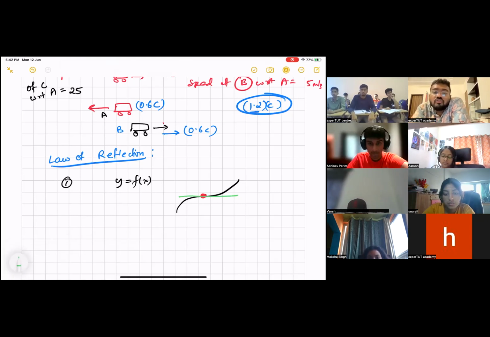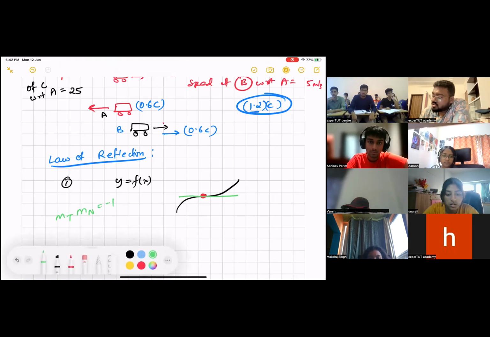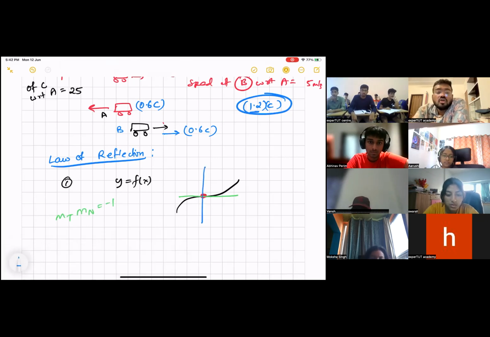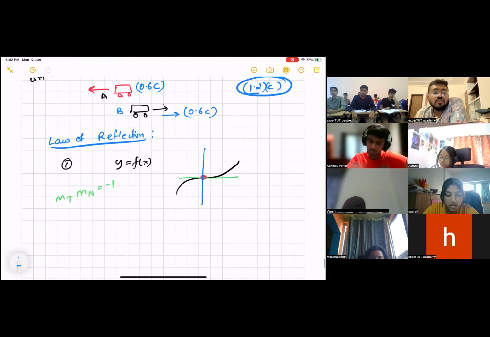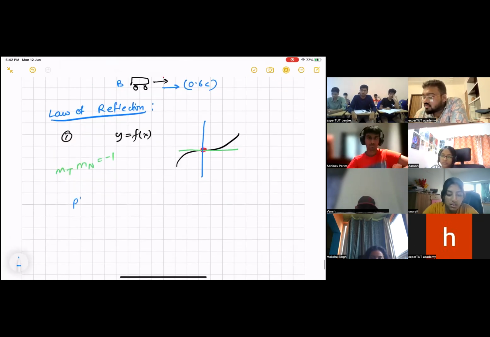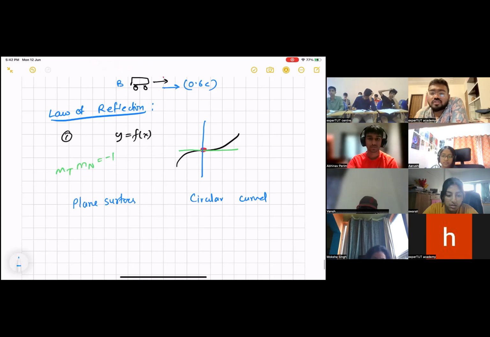Understood? And then if you want to find the normal, you find a line which is perpendicular. Slope of tangent into slope of normal is equal to -1. So you'll get the normal as this. Okay, understood? Fine. So this is what a normal is. And right, you will be dealing with plane surfaces, or circular curved surfaces, part of a circle.